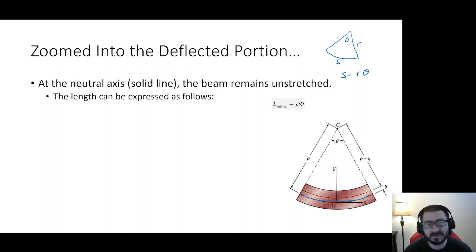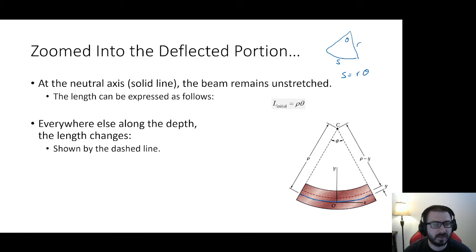So the initial length of the beam before it deforms is the radius of curvature, rho, there's that radius of curvature popping up, times theta. I can take that as the initial length before deformation.